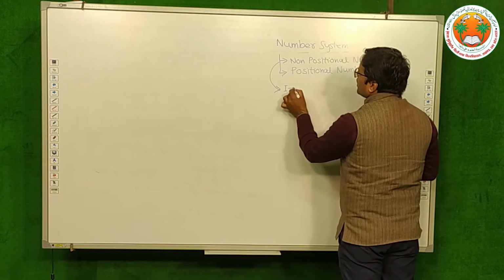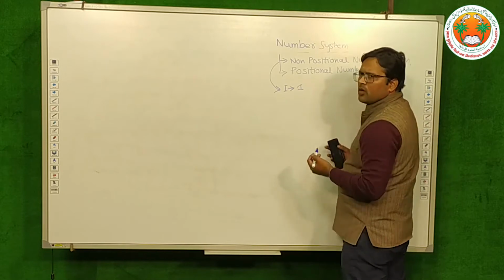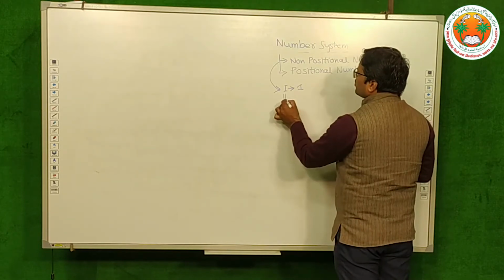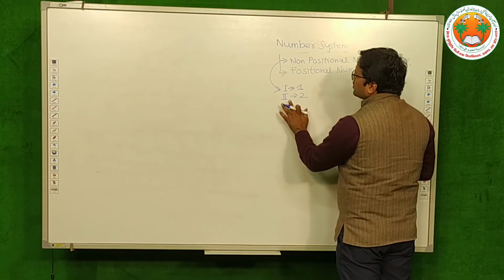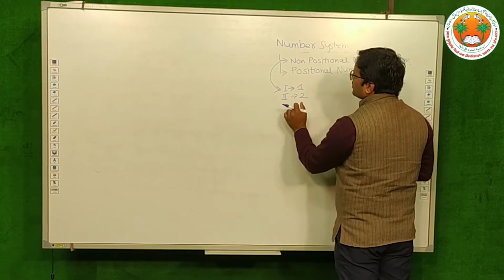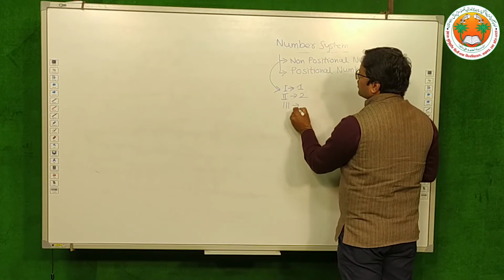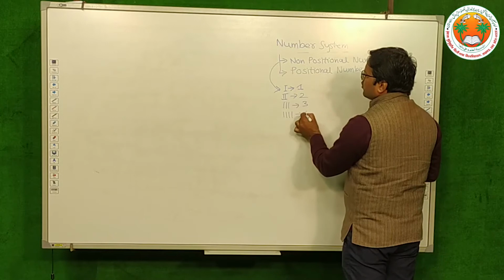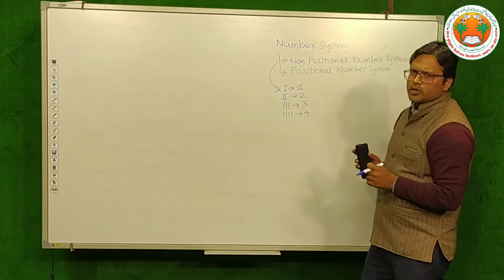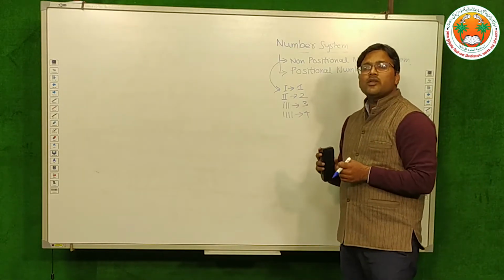Two sticks were used to count two, and in this way three sticks were used to count three, and in the same way to count four we use four sticks in the non-positional system. And it was used in ancient times.